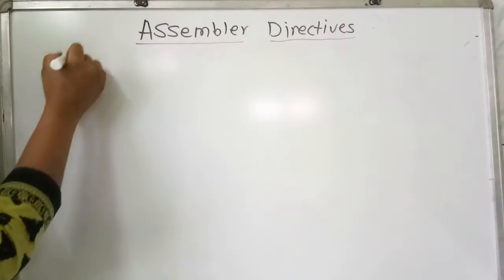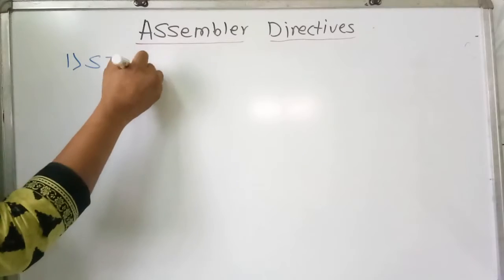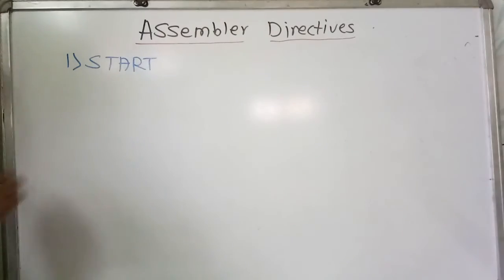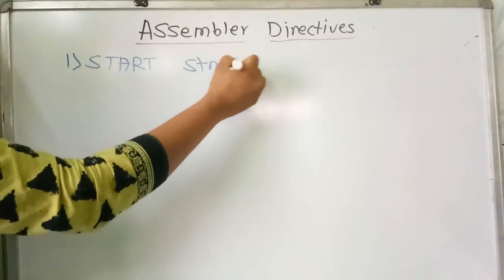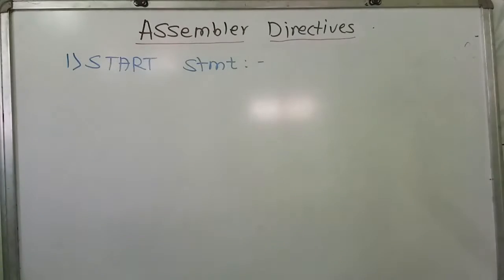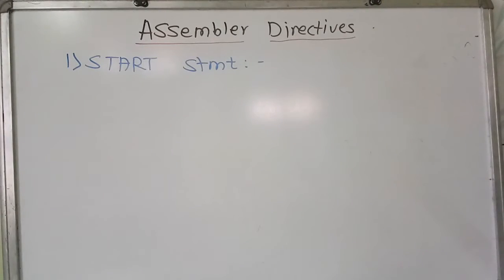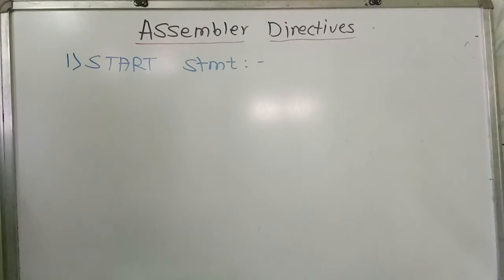First assembler directive is the start statement. What does this start statement actually perform? This start directive indicates that the first word of the target program generated by the assembler should be placed in the memory word with the address mentioned in the operand field.